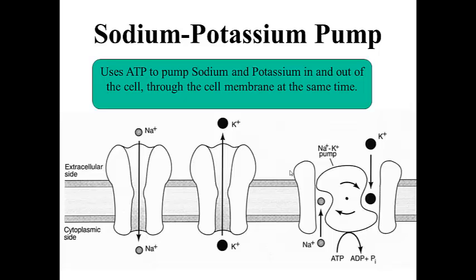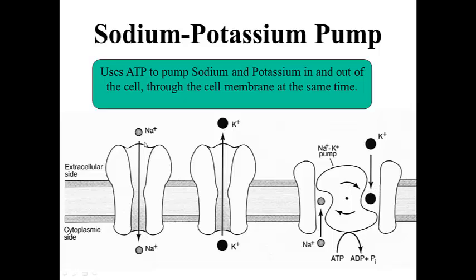Okay, the sodium-potassium pump is going to use that ATP that we just talked about in order to get sodium and potassium in and out of the cell through these pumps. And you can look here, this is just a more simple version of the plasma membrane. In this area would exist the phospholipid bilayer, but we're really focusing on the proteins, okay?